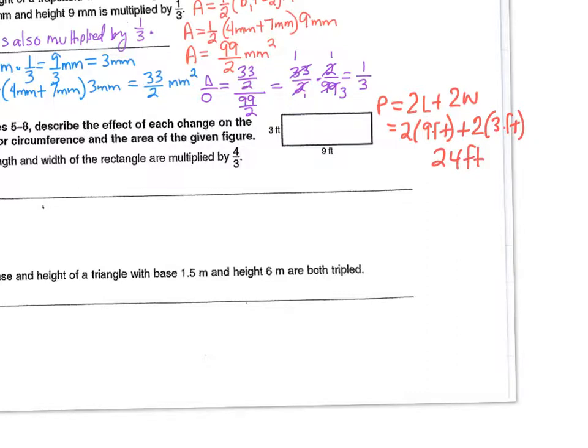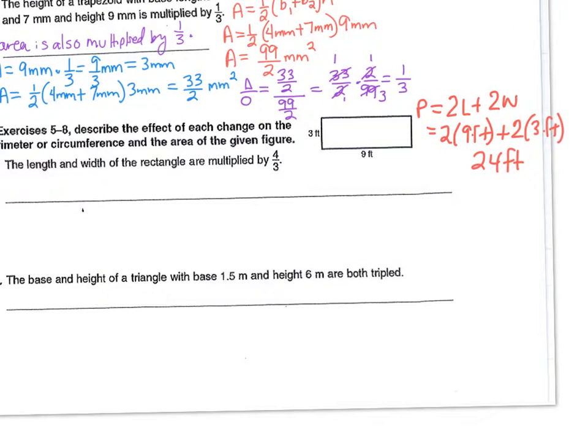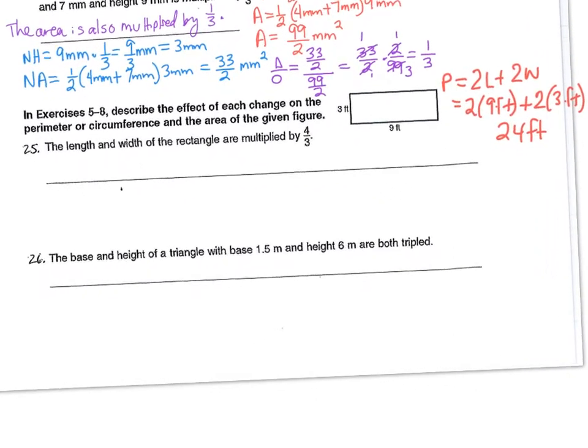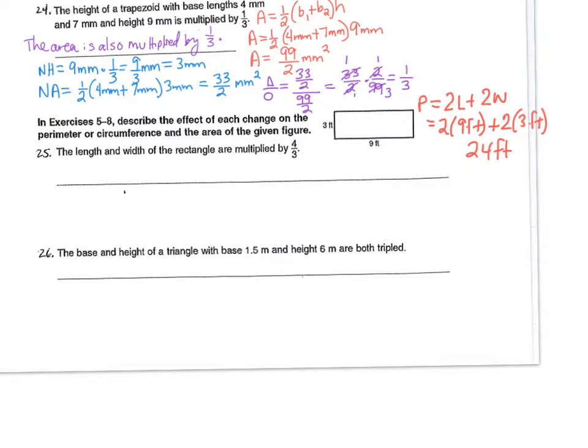And now let's go ahead and do the multiplication of what they're saying. They're saying the length and the width of the rectangle are both multiplied by 4/3, so let me multiply that. 3 times 4/3. That would be 12 over 3, because you put it over 1, which is just 4. You could also just cancel the 3's, and that was 4.